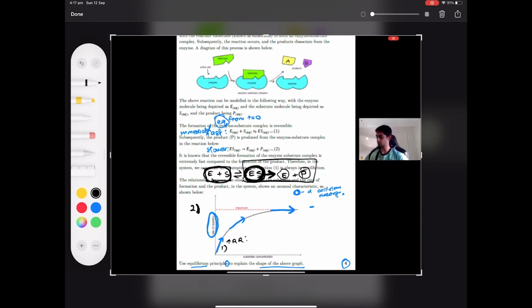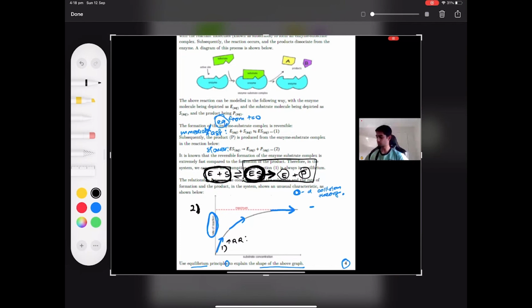The rate of reaction is just the rate of formation of P. So we can say at time equals 0, given that the first reaction occurs almost immediately, we have the highest concentration of ES. Thus, we'll have a high number of particle collisions of ES, so your enzyme and substrate complex, and this will result in a high rate of formation of P due to increased successful collisions.